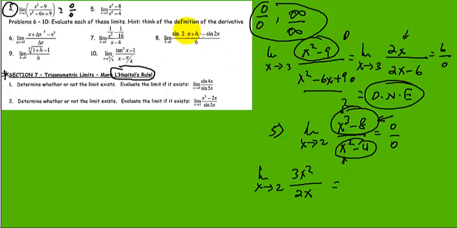In this situation, I'm not going to get 0 over 0. When I plug in 2, the top turns into 3 times 4, and the bottom is 2 times 2, which is 12 over 4, which is equal to 3. So the limit of this function turns out to be 3 using L'Hopital's rule.